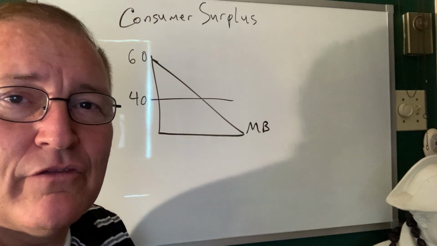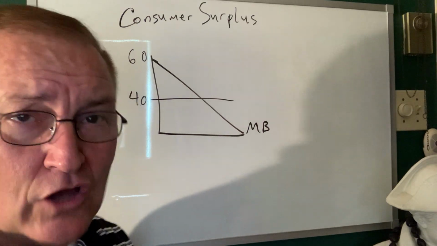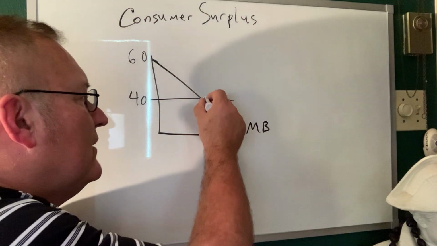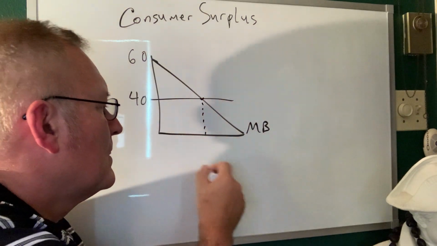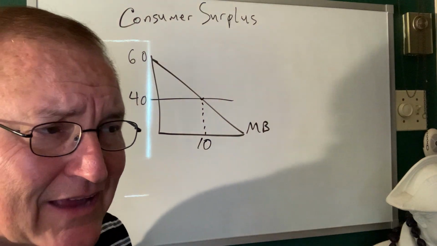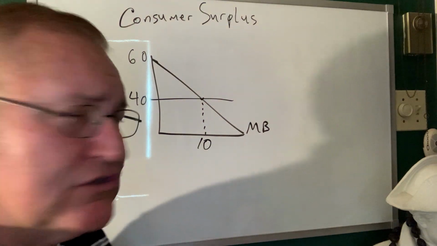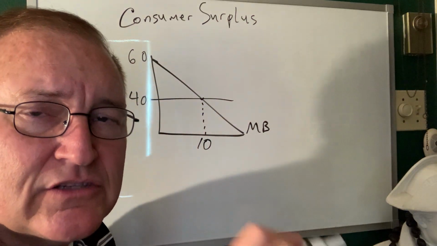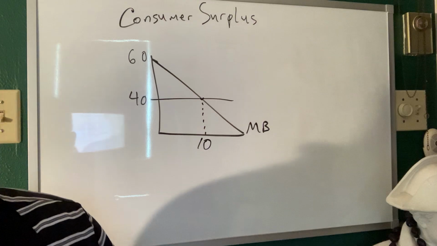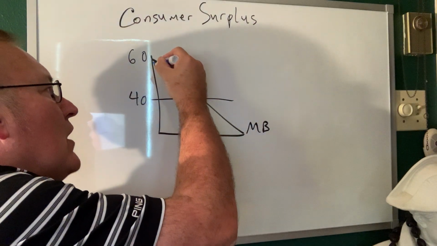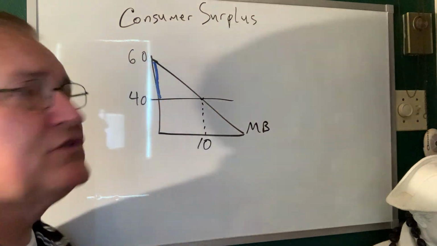And you can also identify a dollar amount, right? You can calculate the total consumer surplus. If the definition is the difference between what a buyer is willing to pay and pays, you could draw a line from those two.